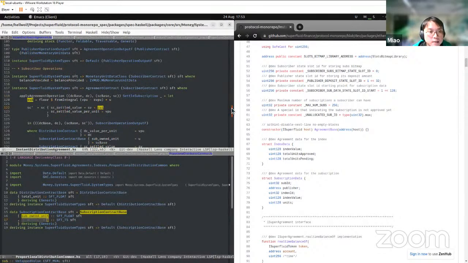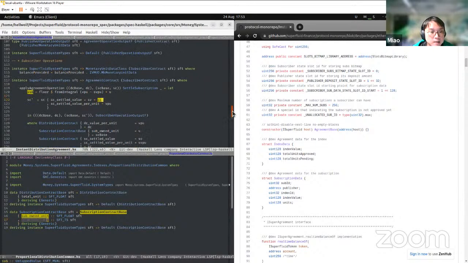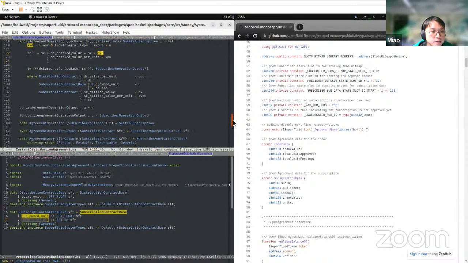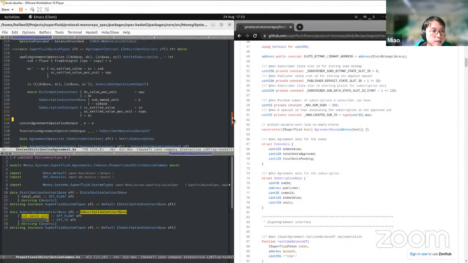Remember that I said that all the GDA instances need to have a settle function. So that's where the settlement is done, right? The settlement is basically, you calculate the delta of settled value. That means when you do a settlement, you see what's the difference between VPU and SVPU multiplied by the number of units you have in your account.